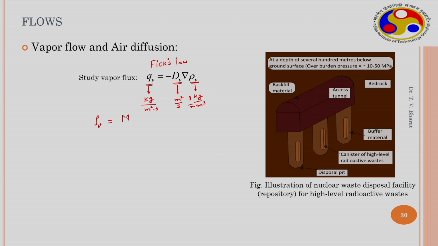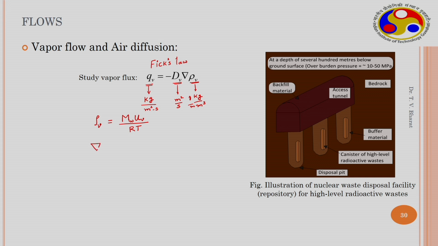molar mass of water, or moist air, times uv vapor pressure divided by RT, gas constant and temperature.